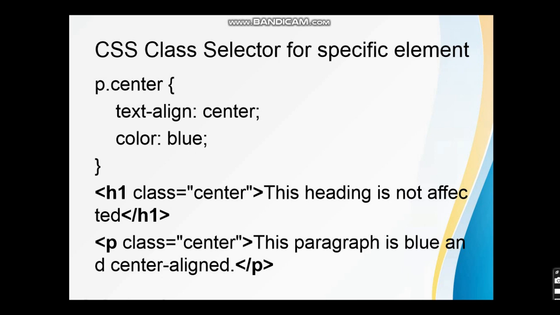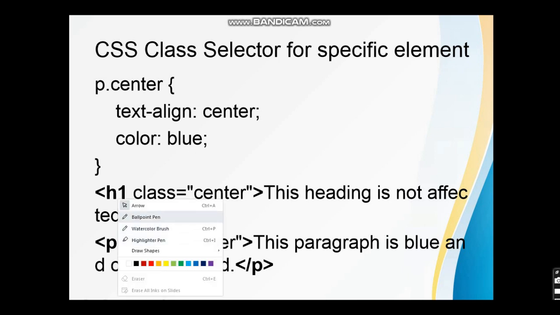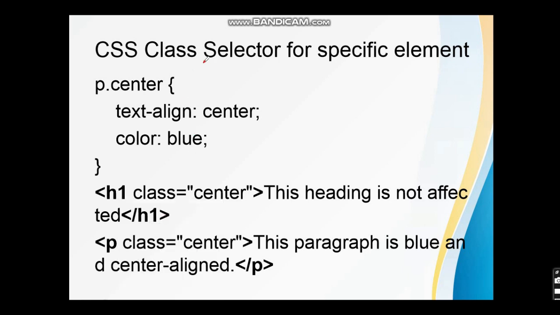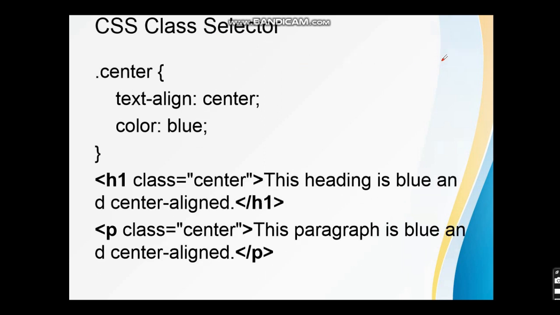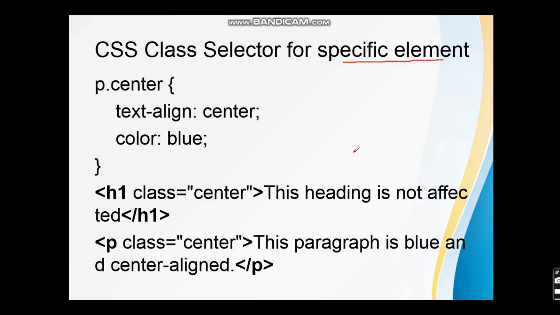Here you can see what I have taken: the CSS class selector for a specific element. In the previous slide, whatever rule we took is applicable to any element of the HTML document where we use class as the attribute, class equals center. Now next we are seeing the class selector for a specific element.